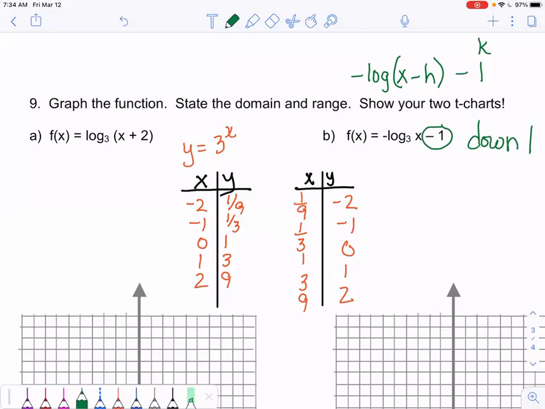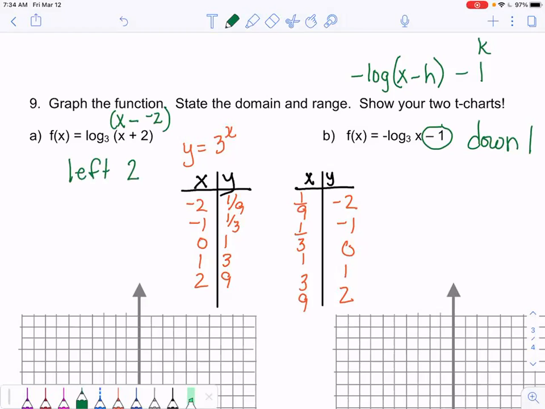So it's supposed to be in parentheses x minus h, and then the k is always separate from x. So how would the x plus 2 affect the translation on that one? So this is really x minus a -2. So I'll move it to the left. So this one moves left too.